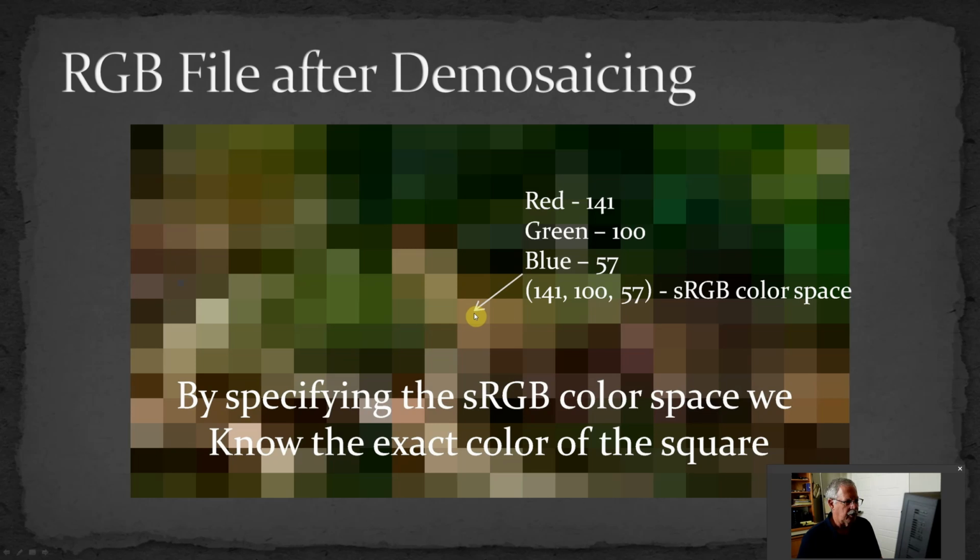So if I tell you that this particular pixel has these RGB values in the sRGB color space, now I know exactly what color that is, because I know how to translate from any color space to any other color space, and I know what this triad of 141, 100, 57 in the sRGB color space is. I know exactly what color, what tone, what hue, what brightness that pixel should be. So now it's completely defined.